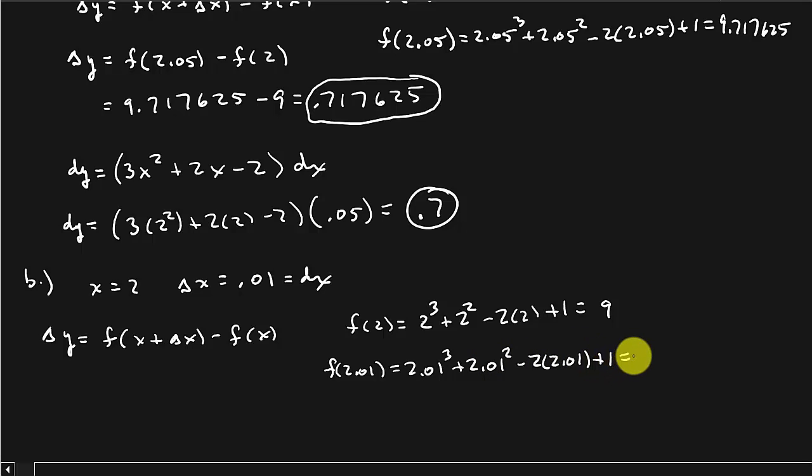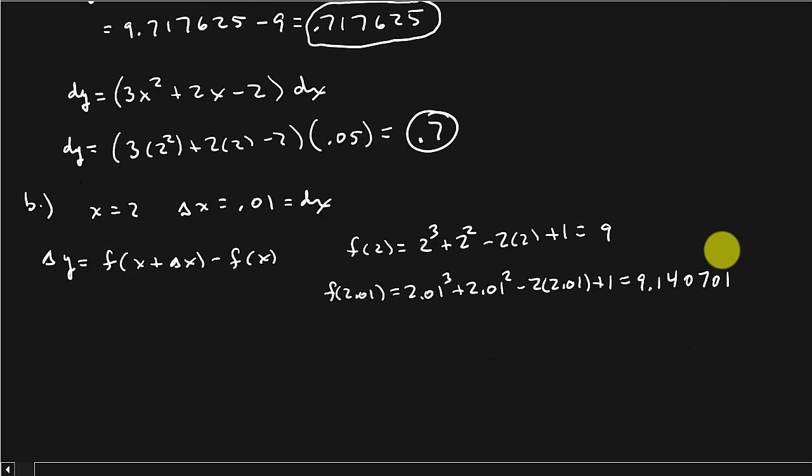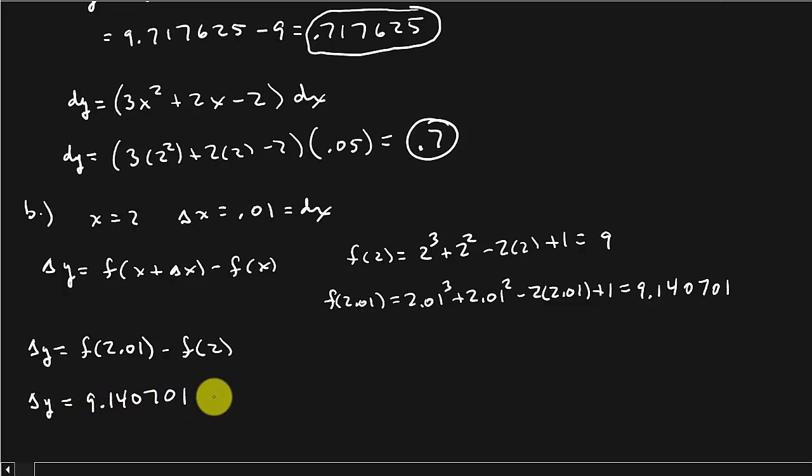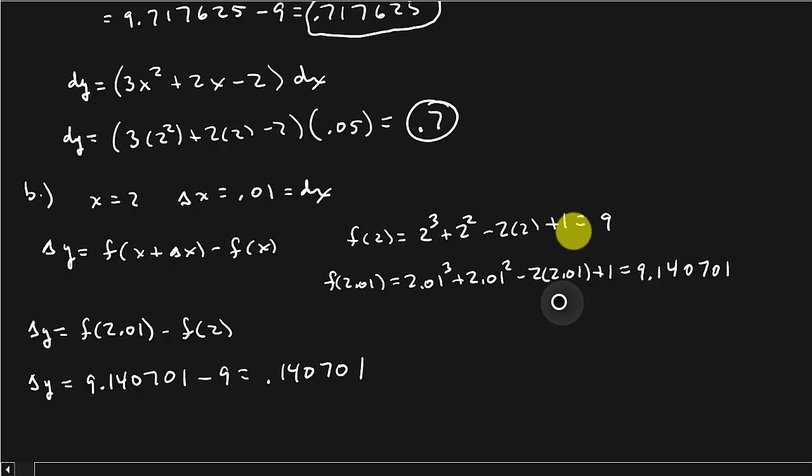And that gives us 9.140701. And so I get delta y is equal to f of 2.01, which is 2 plus 0.01, minus f of 2. So delta y is 9.140701 minus 9, which is 0.140701.